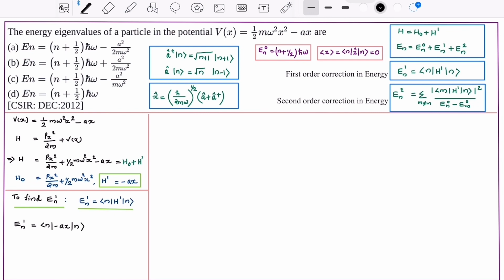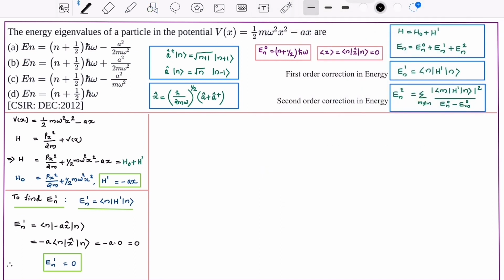Let us take minus a outside, then <n|x|n>. We know that for a harmonic oscillator, the expectation value of x, that is <n|x|n>, is equal to 0. Therefore, the first order correction in energy in the given problem is 0. If the perturbation H dash is equal to minus ax, then the first order correction in energy is 0.